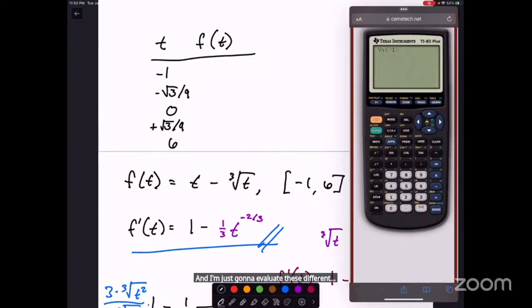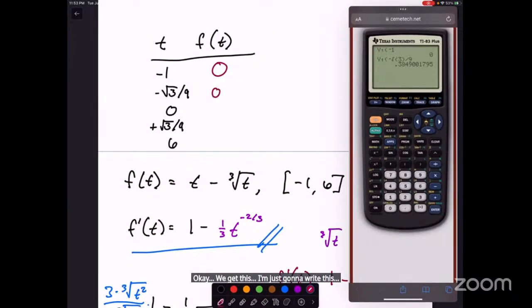So when x is -1, we get a 0. So we're saying that the original function is 0. Okay. I'll do that in burgundy. And then when t is a negative square root of 3 over 9, we get this. I'm just going to write this approximation, 0.3849.